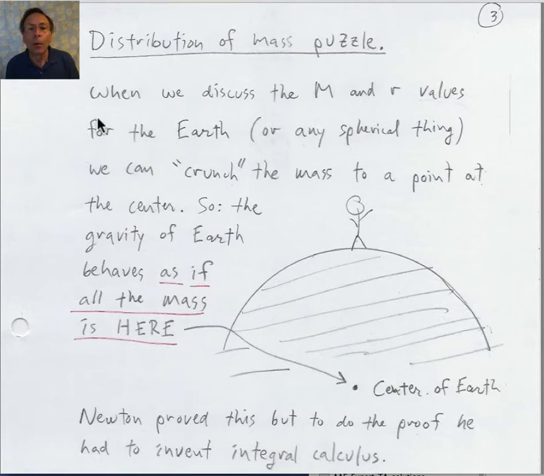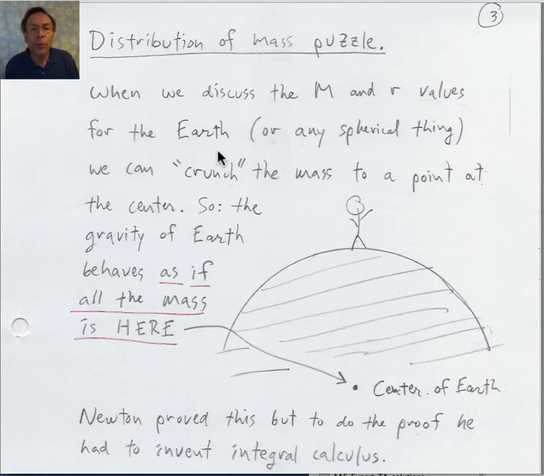Now, one thing though that I do want to talk about, it's interesting history, and also you need it for the class, is what I call the distribution of mass puzzle.